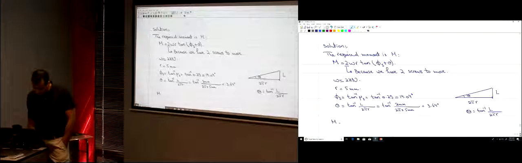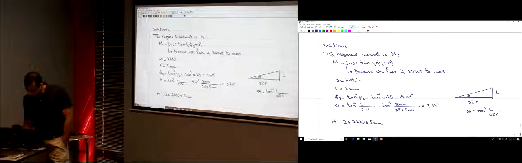So M is 2 multiplied by W, which is 2 kilonewtons, multiplied by R, which is 5 millimeters, multiplied by tan of phi s, which is 14.04, plus theta, which is 3.64.